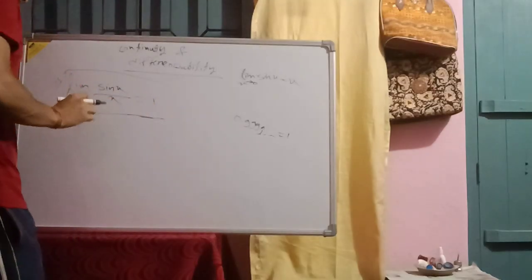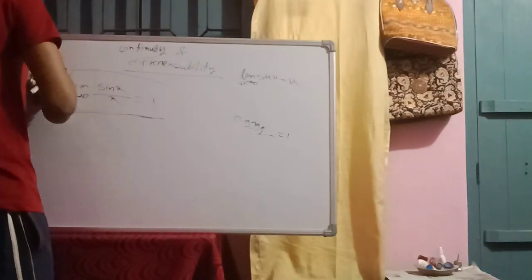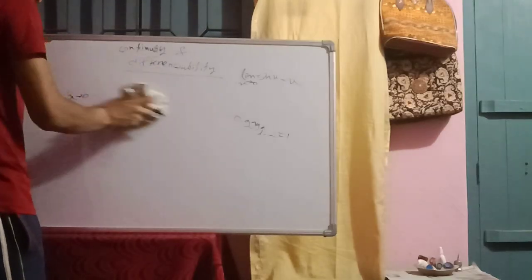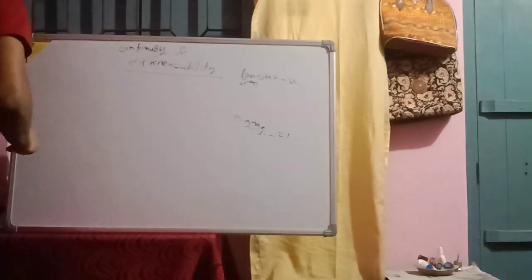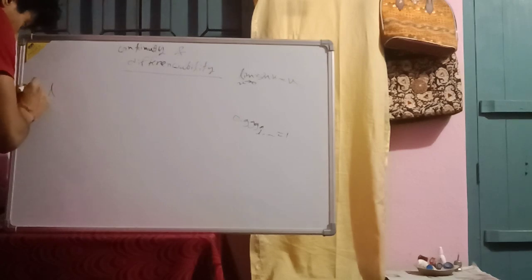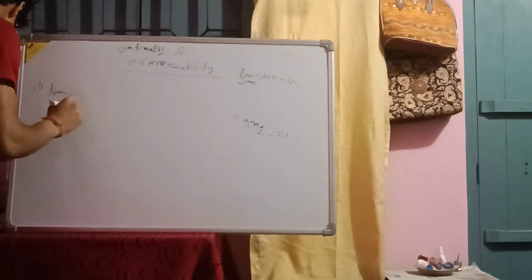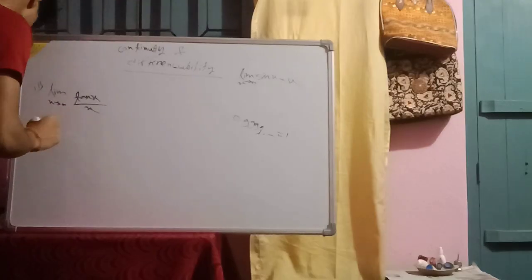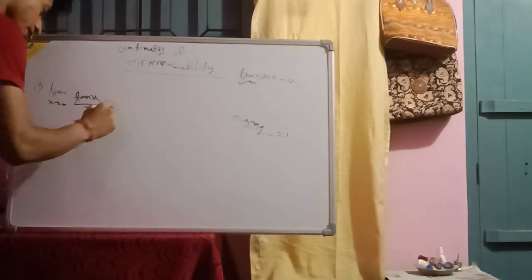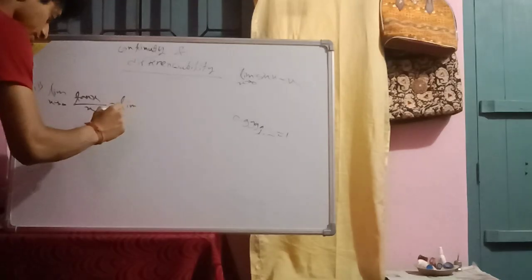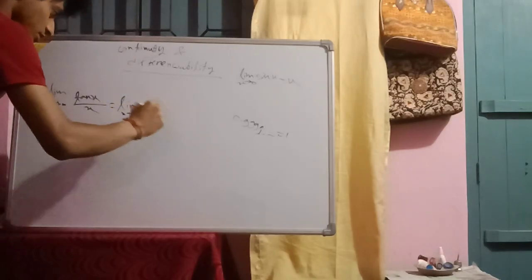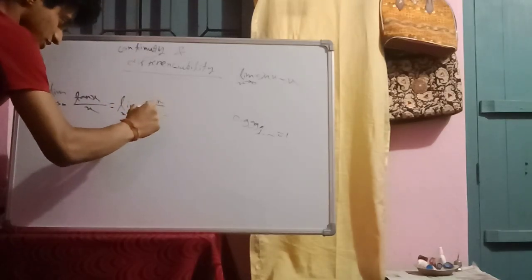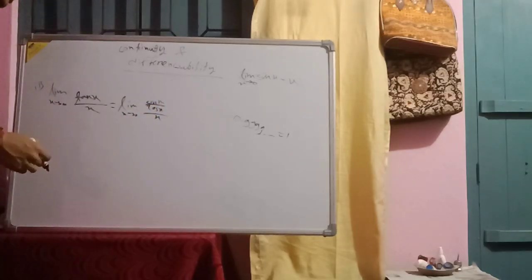Now next, let's talk about the next identity. This one says limit of x approaches 0 of tan x over x. This can be rewritten as limit of x approaches 0 of sin x over cos x over x.